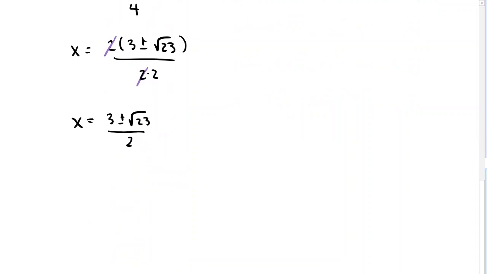And so here, we know that one point is 3 plus the square root of 23 over 2, and one point has the x-coordinate 3 minus the square root of 23 over 2. And we're saying that the y-coordinates are going to be 3 minus that x value.